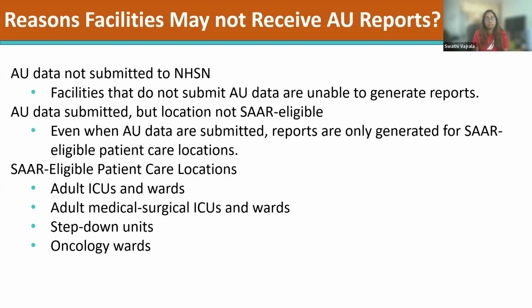Another common reason is that the facility may not have submitted any AU data at all for that specific quarter. If the antimicrobial use data are not submitted to NHSN, reports cannot be generated. So, as a summary, to receive the SAR reports, you should have an eligible patient care location, and the predicted AU should always be greater than 1.